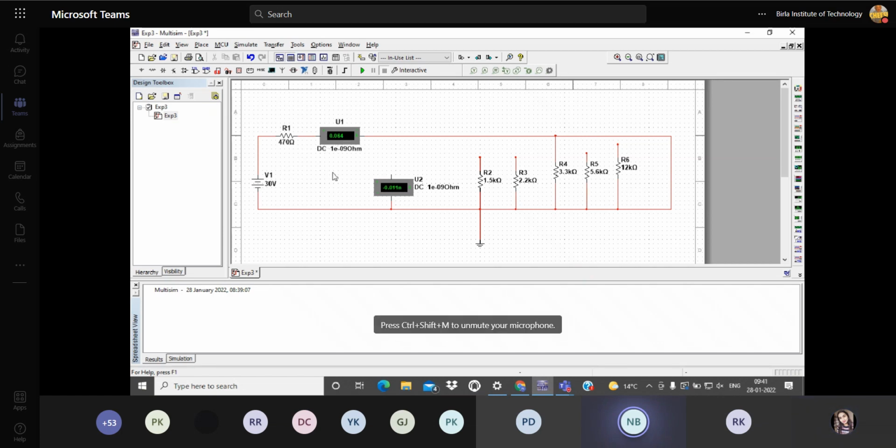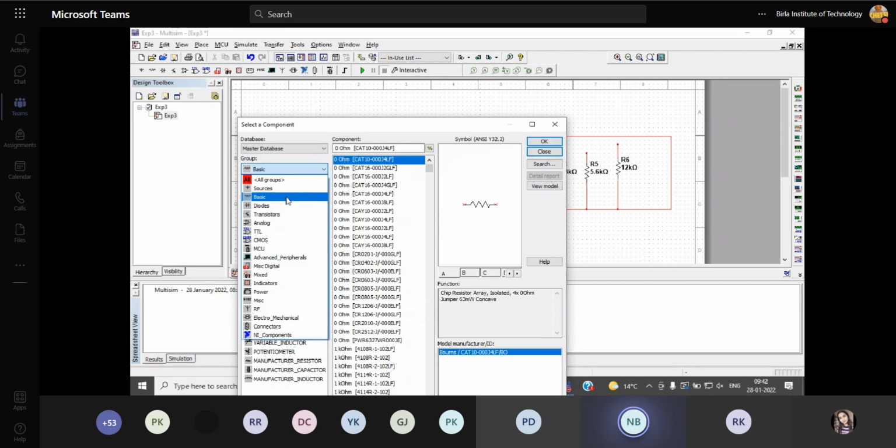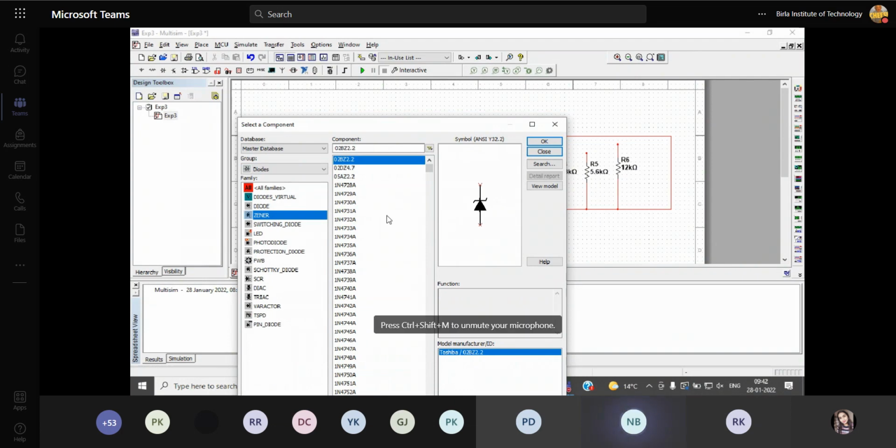So that diode part, from where are you picking the diode? The remaining part is okay, I guess, but you also have to add one voltmeter across. Which Zener diode do we have to take? Raghavendra sir, can you please suggest which Zener diode he should pick?